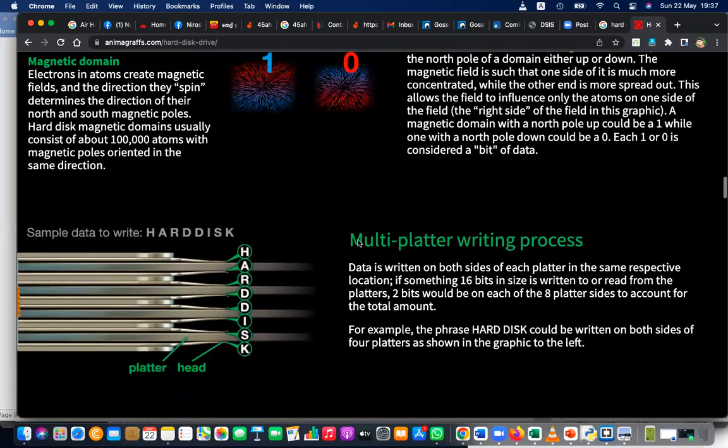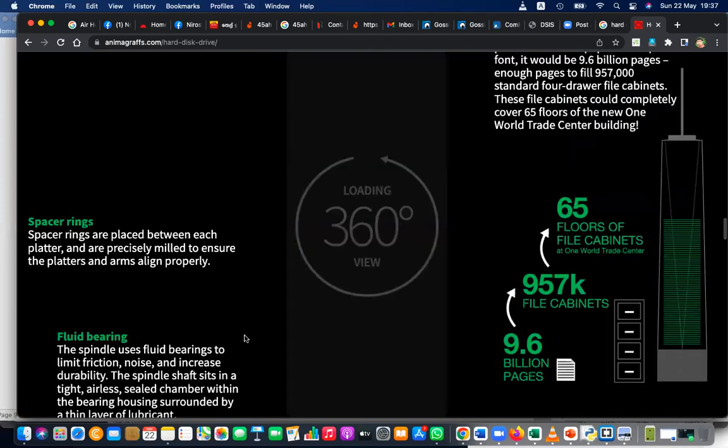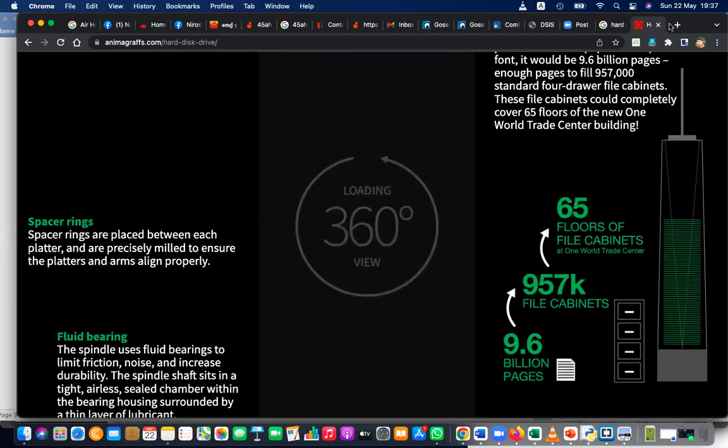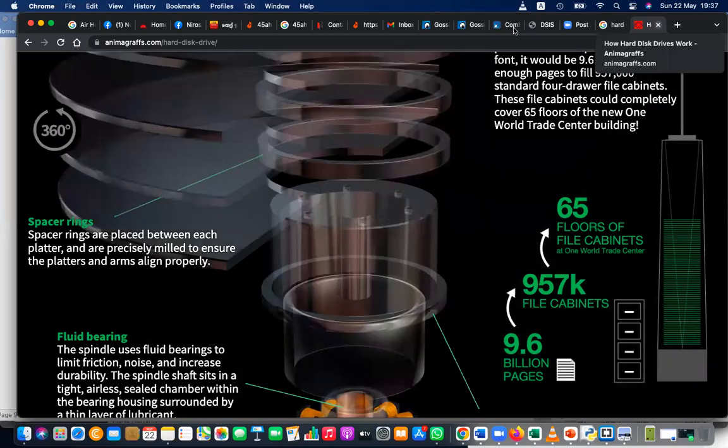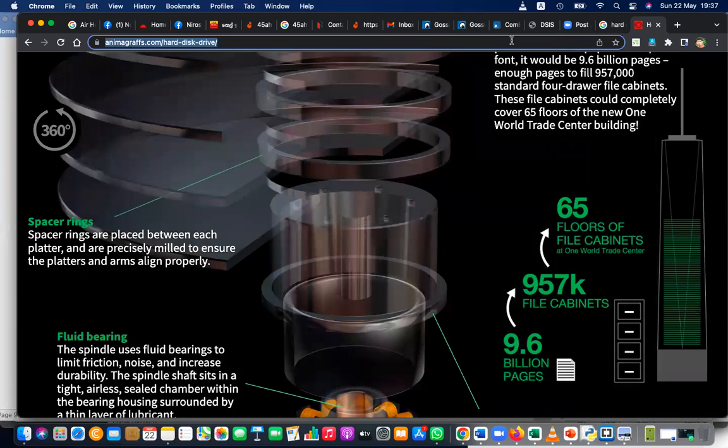In the multi-platter writing process, it is writing parallelly to multiple platters, using different heads. That is the technology behind the hard disk. That is magnetic technology. It uses north-south states to store ones and zeros.